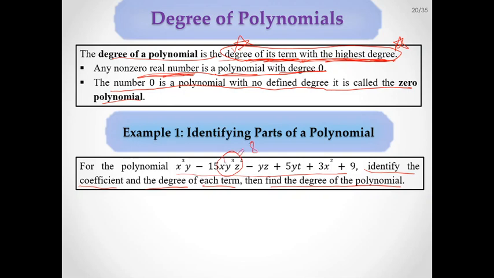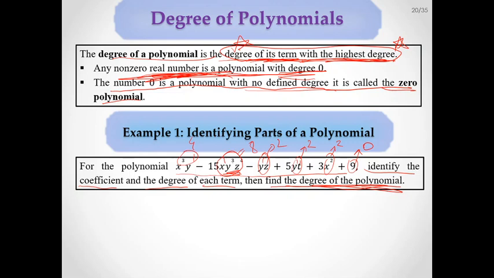So you add them, you get 8. 3, 1, 4. 1, 1, 2. 1, 1. If you don't see any power here, it means 1. So for x squared, here we have 2, and this 9 is a constant, so it's degree 0. Any real number constant is degree 0. Then what's the biggest degree? It's 8. So the degree of the polynomial will be 8.